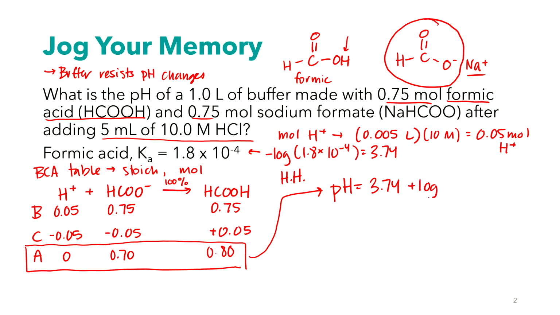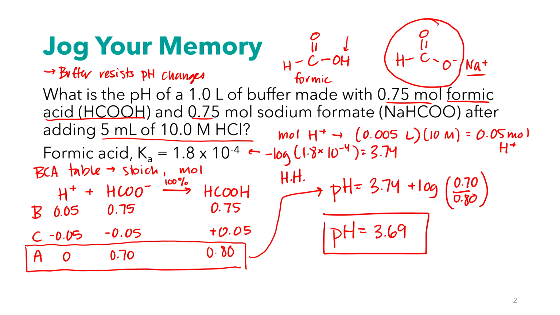Plus the log of my new base concentration, or moles. I can do this calculation in moles because my acid and base are sitting in the same volume, in the same container. So moles over moles is going to be equal to molarity over molarity. If you want to convert to molarity, that's fine. I just like skipping that step because I don't have to do it. And I wind up getting a pH of 3.69.